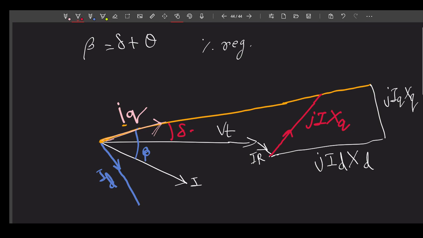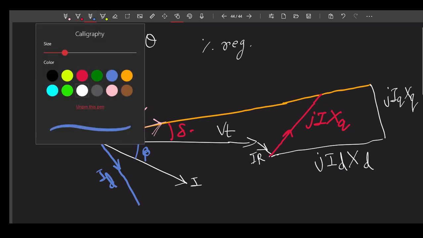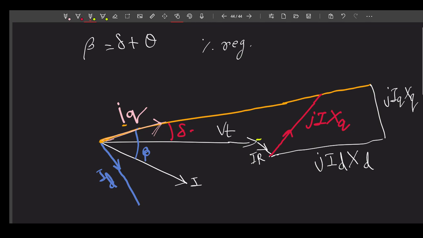Now what about this triangle? If we try to draw a triangle that is parallel to this Ef line, the base of this triangle is parallel to Ef, and the height is perpendicular to it. So this will form a right angle triangle, the height is parallel to jIqXq, and the base is perpendicular to this jIqXq.